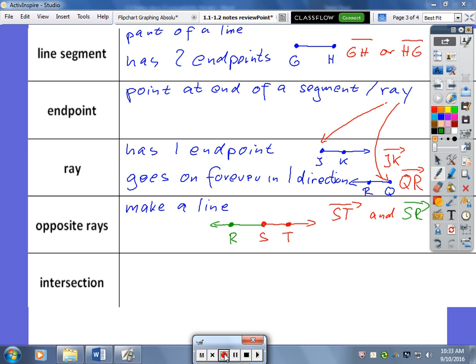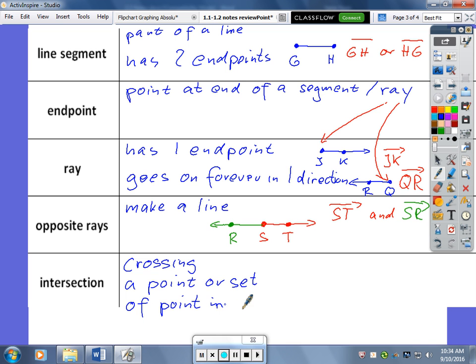An intersection is like a crossing. Think about two streets crossing each other, and it can be a point or a set of points that two objects have in common. This can happen in many ways. For example, two lines can have an intersection, and then point P is at the intersection.